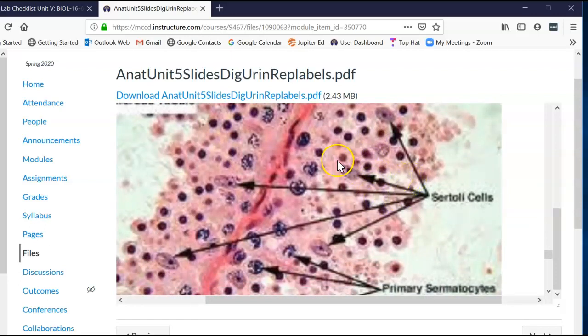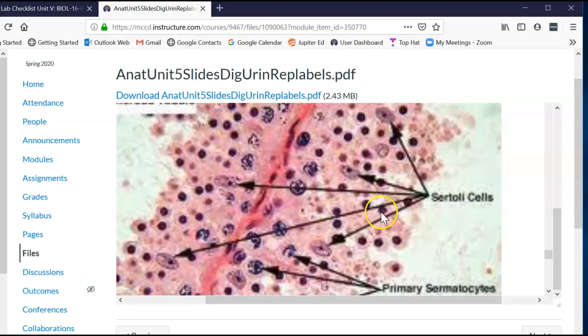See, Sertoli cells. These are two seminiferous tubules butting up against each other. Here's the lumen of one. There's the lumen of the other one. There's our characteristic nuclei for the Sertoli cells. These darker cells on the outside, the rim here, are spermatogonia. There's our primary spermatocytes developing. And you can see some spermatids here.